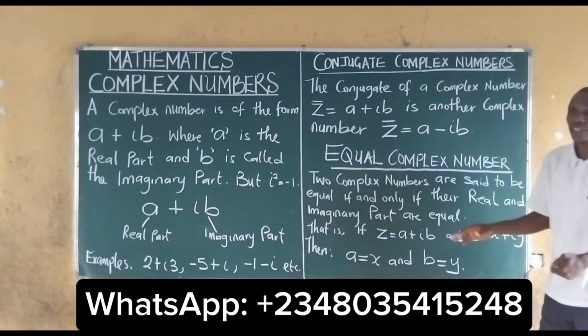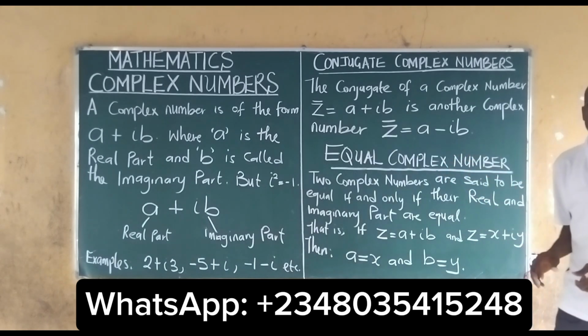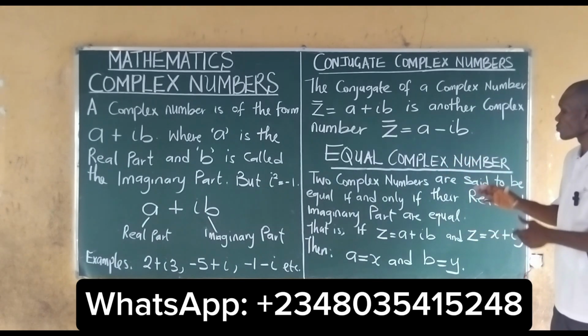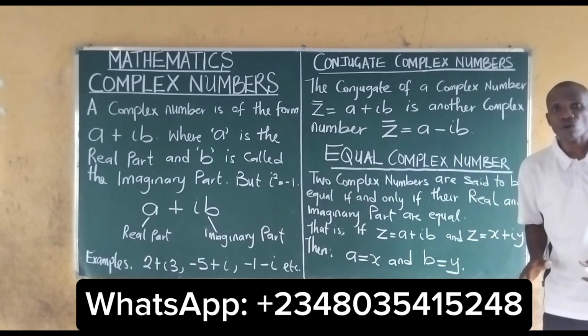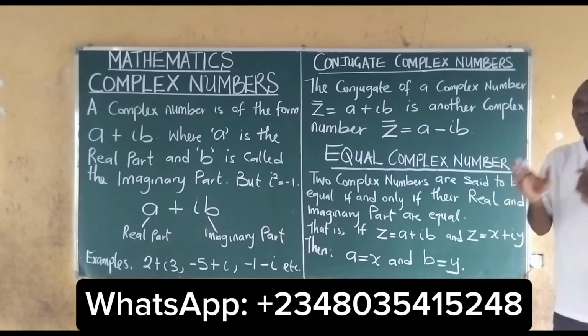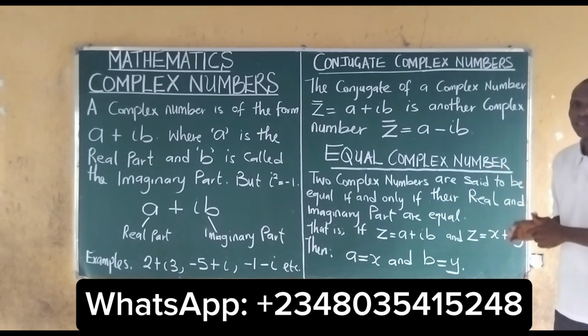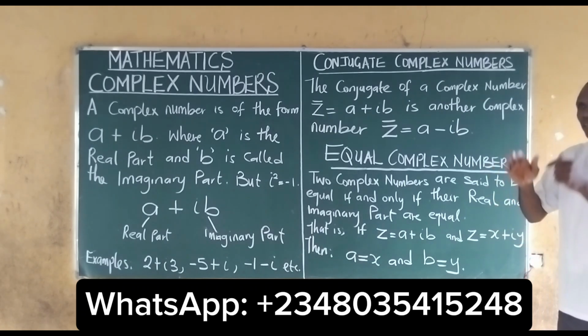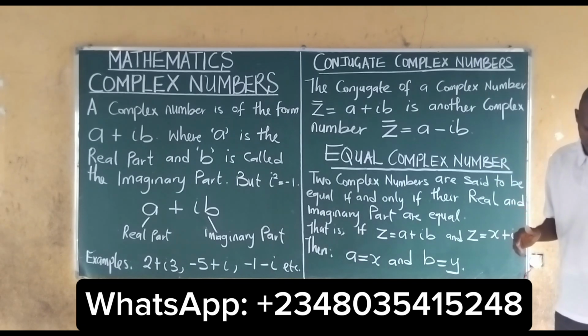So this is how we can explain the equal complex numbers. Two complex numbers are said to be equal if their imaginary parts and their real parts are equal, or if they are the same.